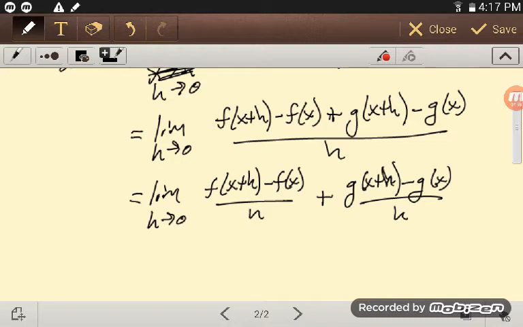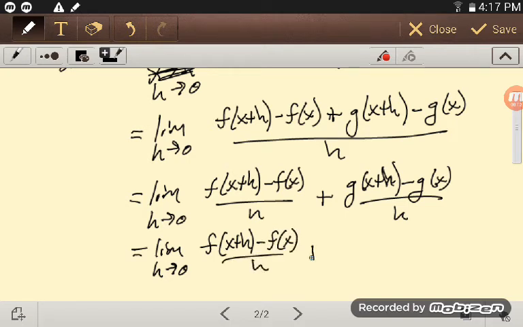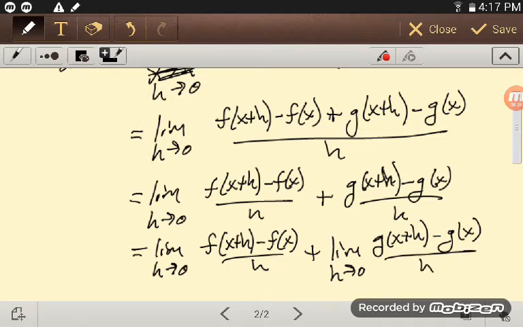So I can do that, but now I have the limit of a sum, but that's the sum of the limits, so this is the limit as h goes to 0 of f of x plus h minus f of x over h plus the limit as h goes to 0 of g of x plus h minus g of x over h.